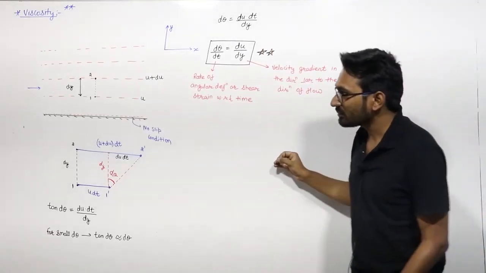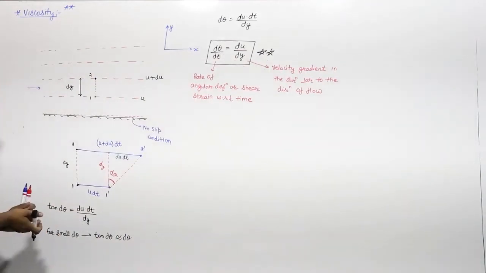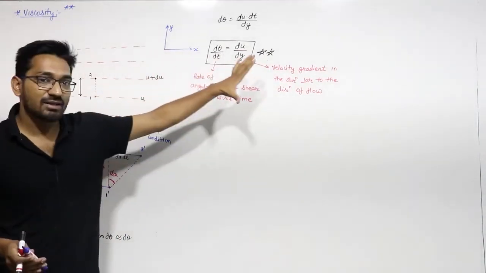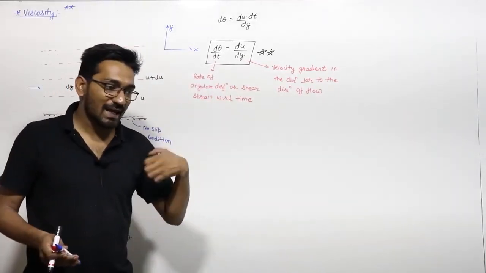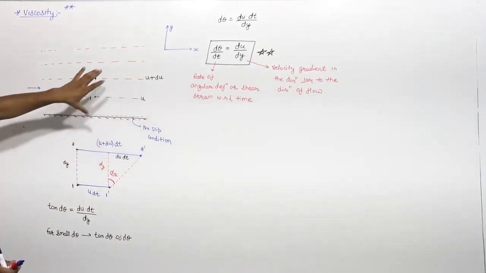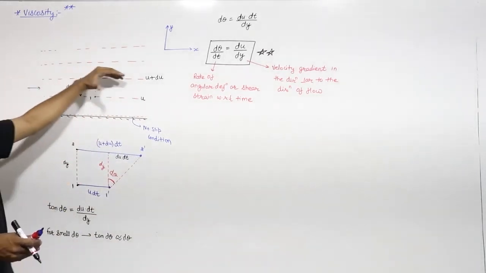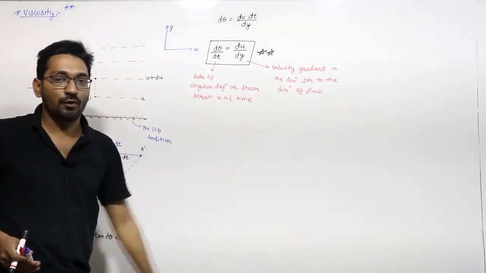There may be a case that a velocity gradient is present in the direction of flow also, right? Du by dx is also there. We take that. But in this derivation we assume that there is no velocity gradient in the direction of flow.